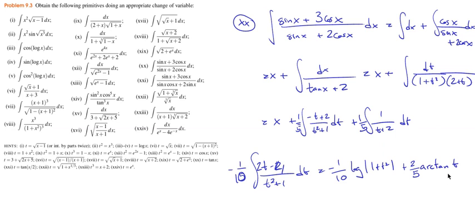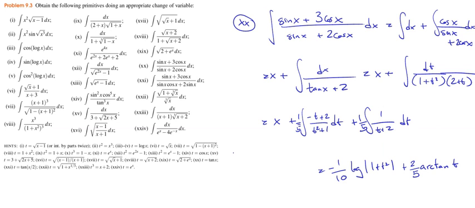Okay, if I'm correct. And then you have this, which is the logarithm of 2 plus t. Is this correct? Yes, right. And so this is the logarithm of t plus 2, right? So let me write this.